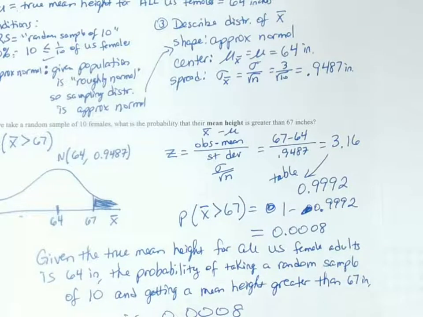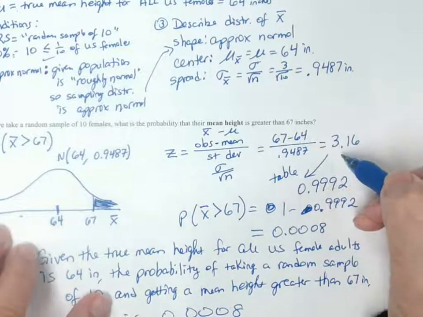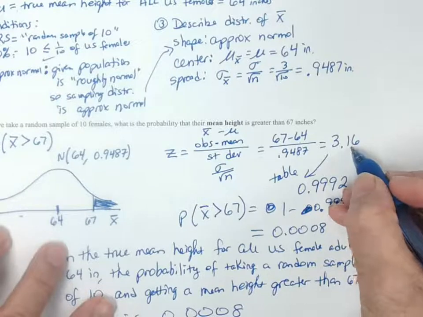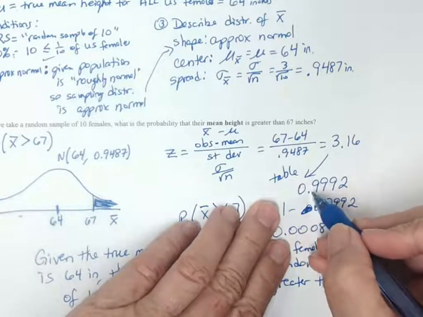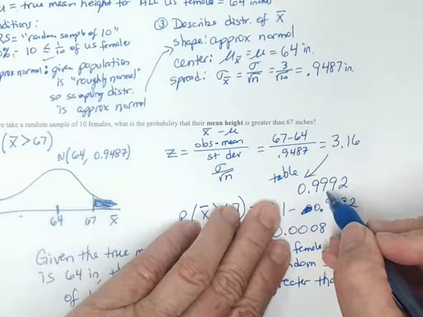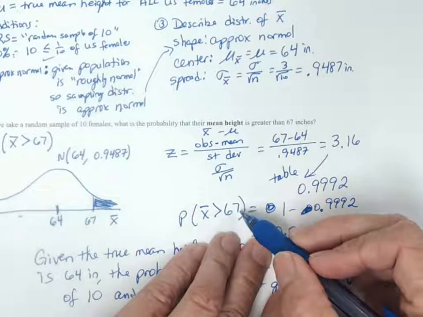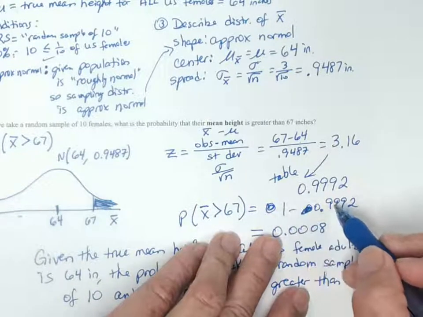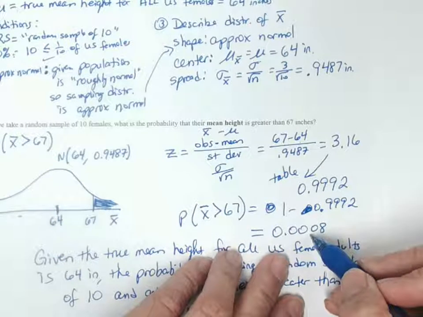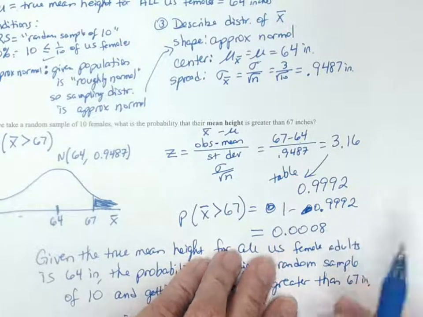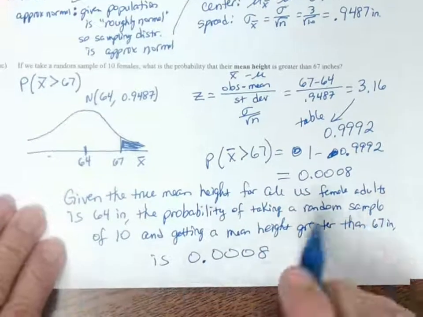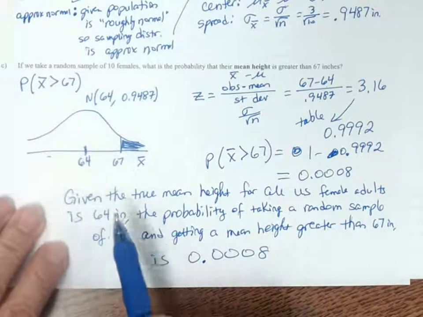Put in the actual values here, and we get our Z-score of 3.16. From the table, I get a probability of 0.9992. So the probability of X bar being greater than 67 is equal to 1 minus that, which is 0.0008.